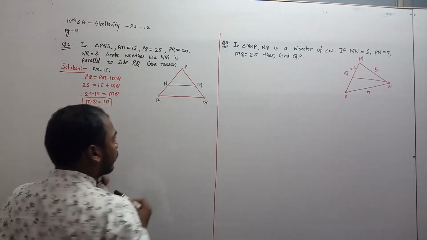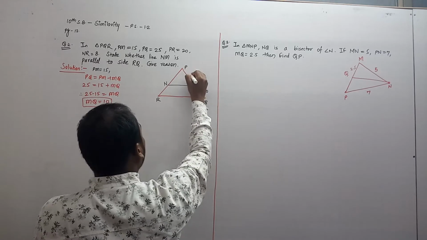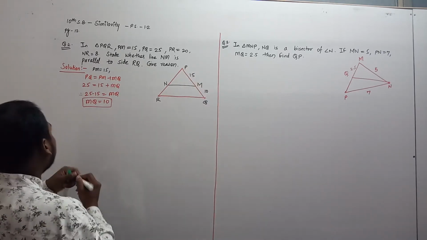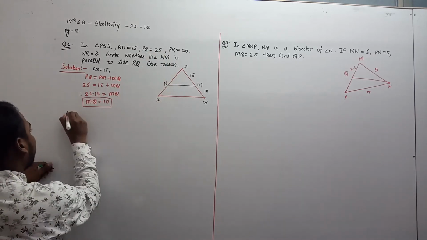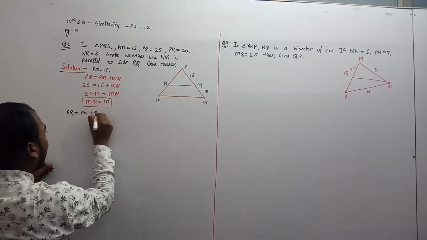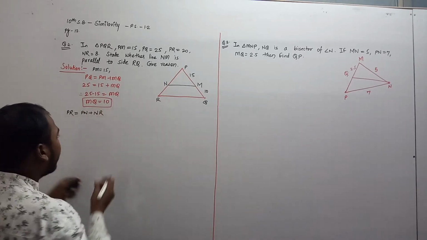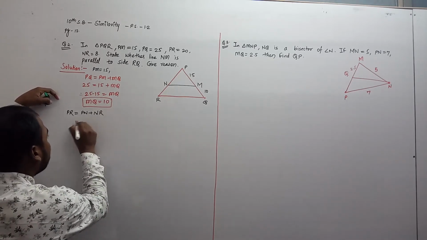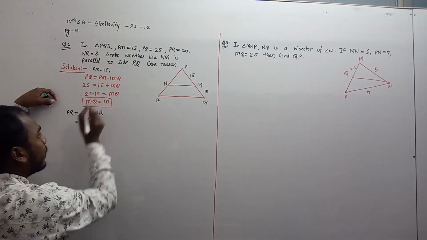So now we have MQ is 10 and PM is 15. If we go further, in a similar manner, we have the PR value. PR is equal to PN plus NR. We have the value of NR, which they have given as 8, and PR is equal to 20.